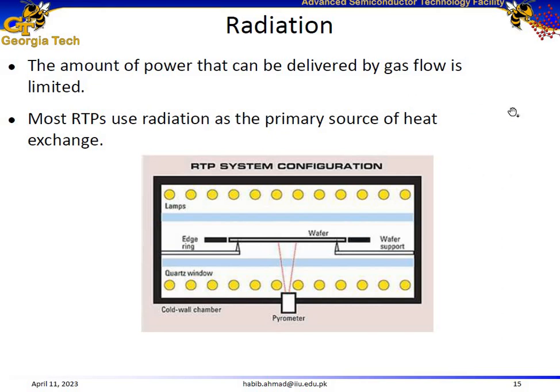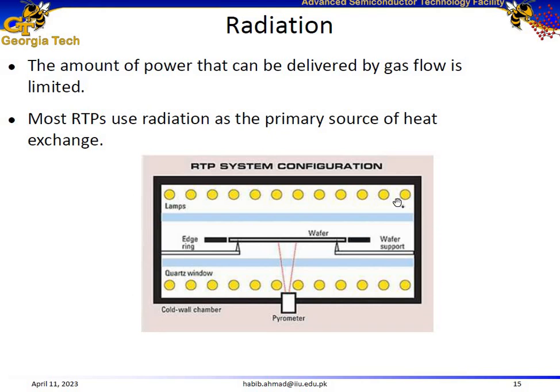During convection, as we already discussed, the heat flow is performed through an intermediate medium, through gas molecules. But the amount of power that can be delivered through gas molecules is limited. So a more effective way of performing rapid thermal processing is by using radiation as a primary source of heat exchange.